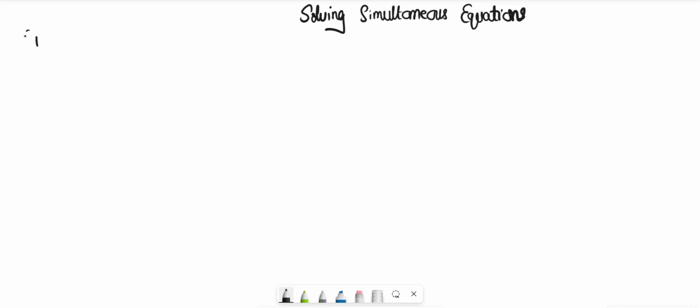Okay, the other equation that we have: 3x plus 5y equals 4, and 2x equals 3y. Now be careful with this. What should we do now? Any ideas?